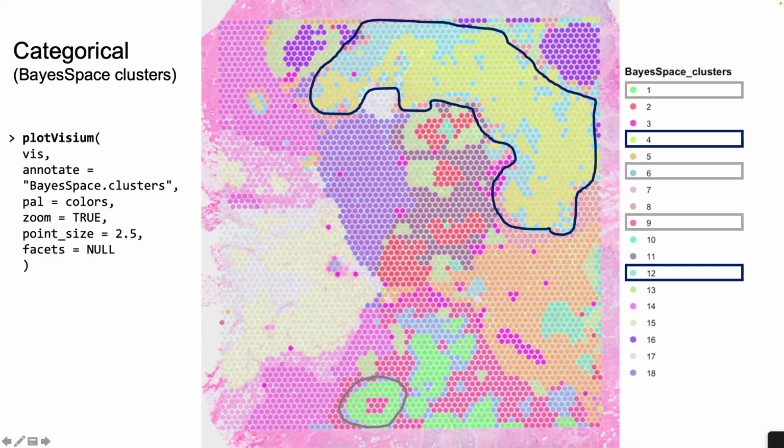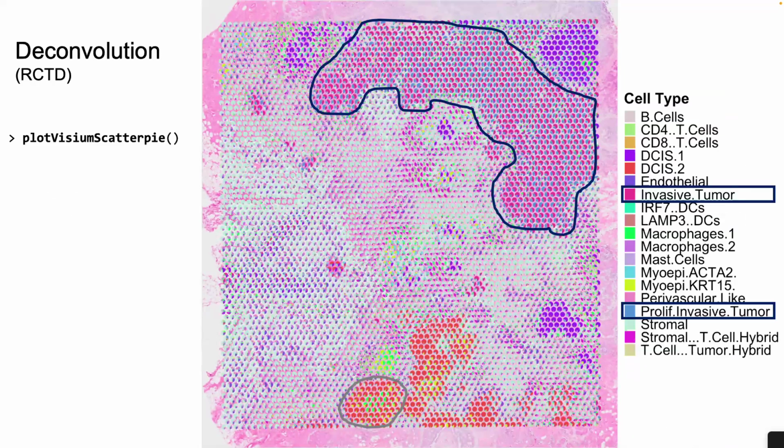I got that information from here. So I ran deconvolution and I projected the cell type proportion onto this scatter pie. You have probably seen this plot without the H&E image, but I think it makes more sense now if you put them on top of each other, so you can see the correlation between morphology and the cell type.